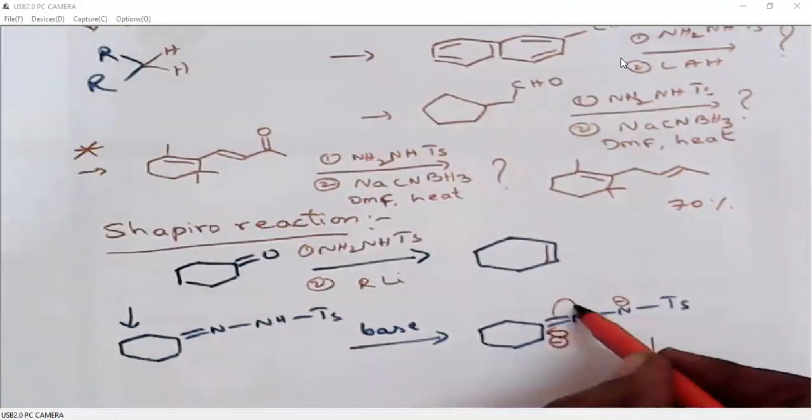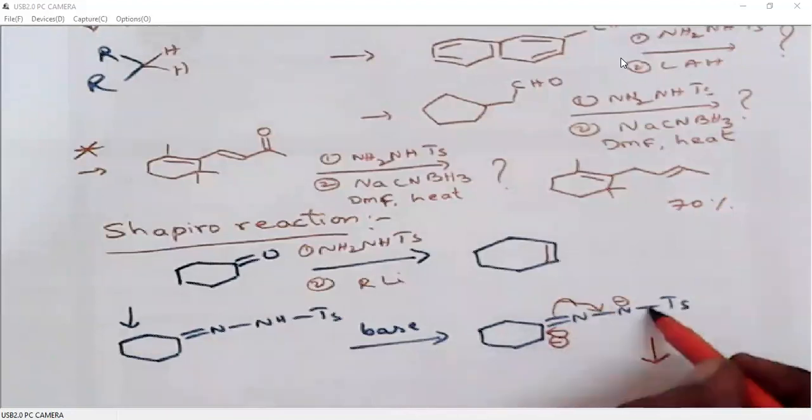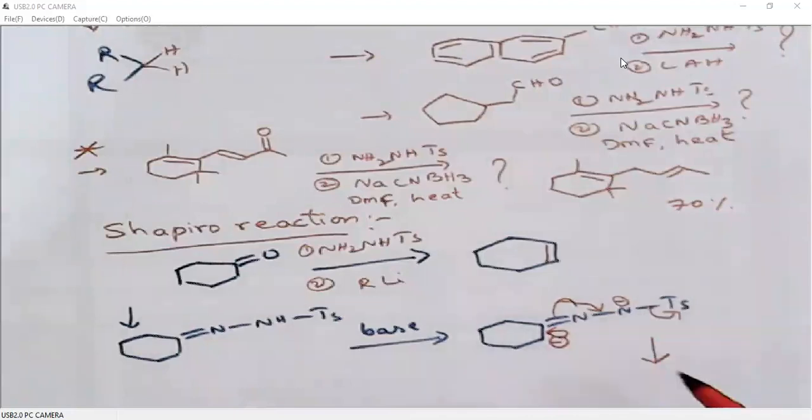Then this nitrogen-carbon double bond will be polarized towards a nitrogen-nitrogen double bond, because the tosyl group is a good leaving group. So in the second step itself, we are generating the carbon-carbon double bond, and we have generated a nitrogen-nitrogen double bond as well, and a negative charge is there on nitrogen.